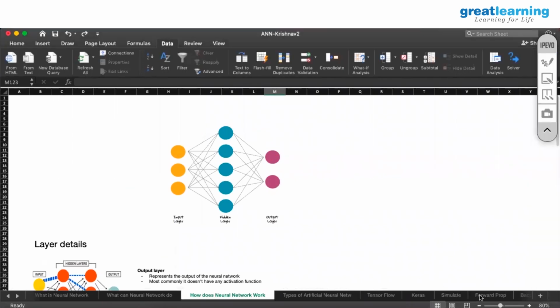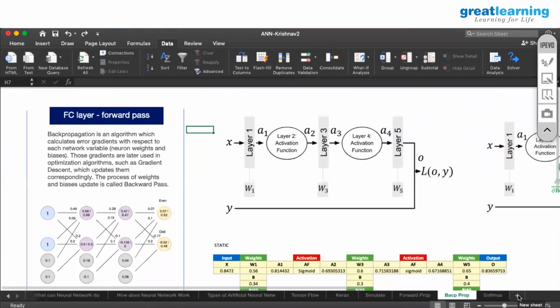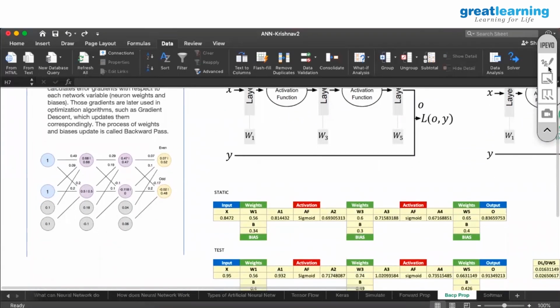Now let's talk about what happens in the backward prop and how those weights are learned. Before moving on to backward prop, I will ask you a very simple question. What types of loss functions do you know so far? Let us say at least 3 of them we'll talk about. What do you mean by loss function?